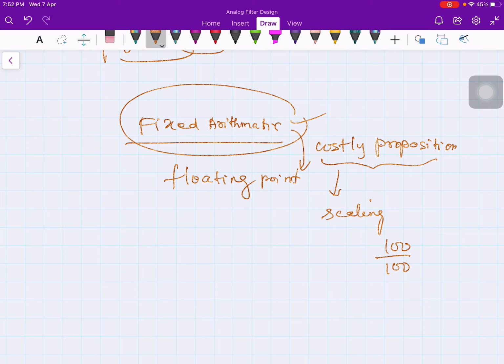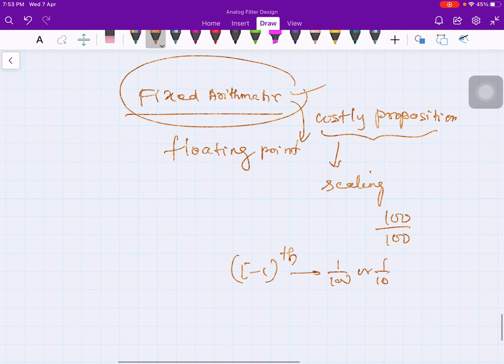In other words, suppose at the ith stage the signal has exceeded the dynamic range of the storage of the accumulators, then at the (i-1)th stage you use scaling, like by 100 or by 10. But the scaling constant is usually not 1 by 100 or 1 by 10.